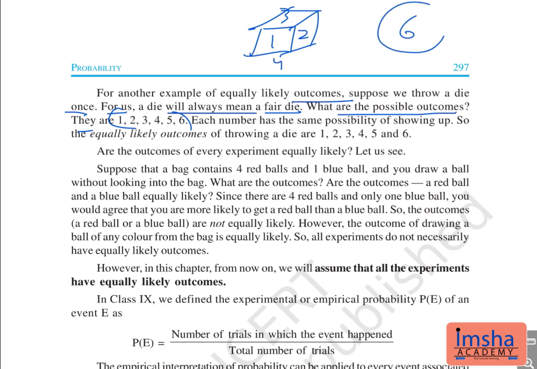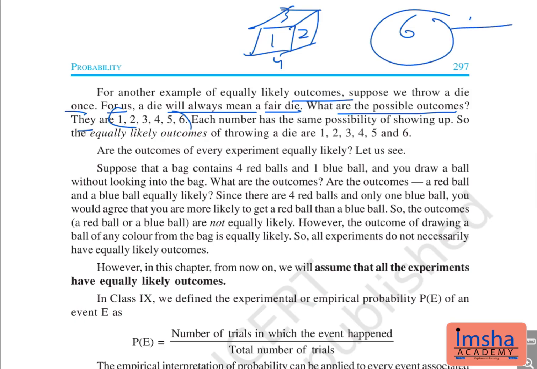Total outcomes are 6, and it can be any value, 1, 2, 3, 4, 5, 6. Any face can fall when we roll a die. So we cannot assure that it will be 6 only or 3 only, right? Such kinds of outcomes are called equally likely outcomes.